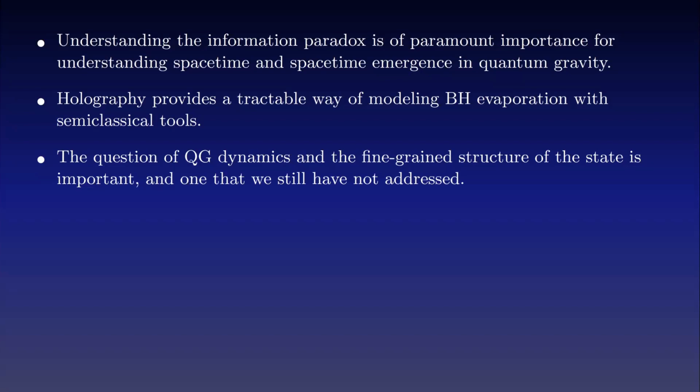What I want to ask you is this: if you are finding that information is not lost through your Euclidean replica trick calculation, is it because in some sense, if you were to think about it in a Lorentzian way, there is a minimum size that cutoff can take?